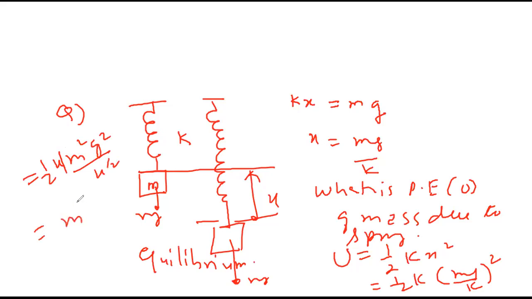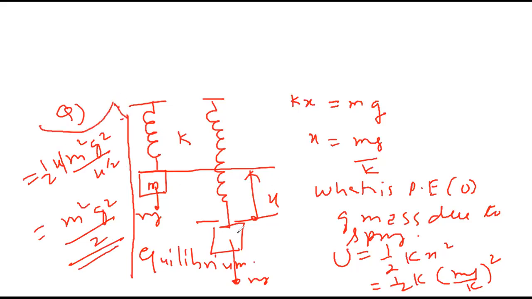So therefore m square g square upon 2k is the potential energy of the block-spring system in terms of mass. The potential energy of the mass due to spring will be this because it is doing work against that spring force. So please write down, draw the diagram and write this.